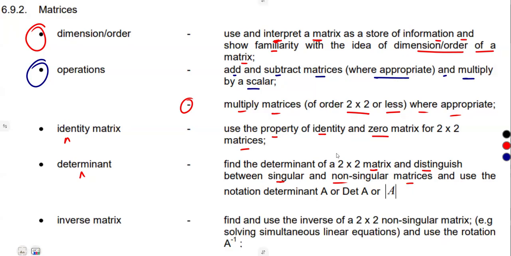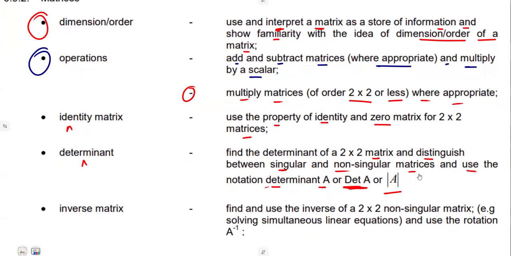You must be able to differentiate between the two, and use the notation determinant A, or det of A in short. Like we saw before on vectors, we had this presentation for the magnitude. But this time, when you see this under matrices, it is for the determinant. So this is the notation for the determinant, or you can write in short like this, or you can write in full determinant A using these notations.